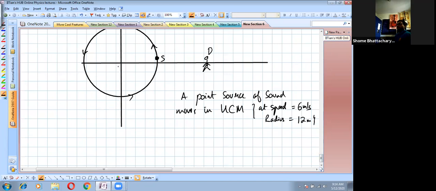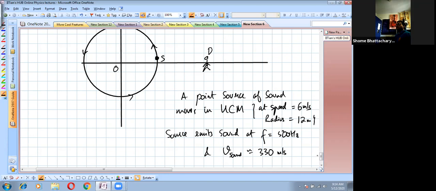Now the source emits sound at frequency of say 500 hertz, okay, and speed of sound is approximately 330 meters per second.